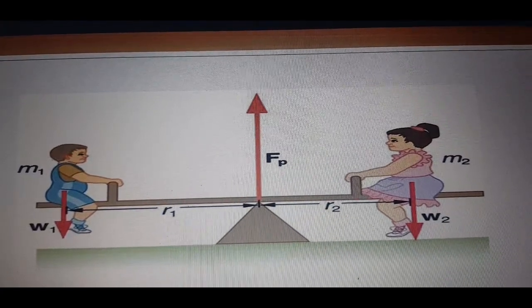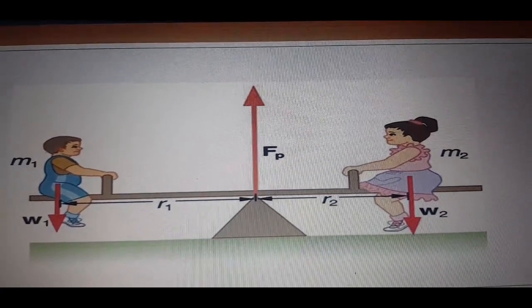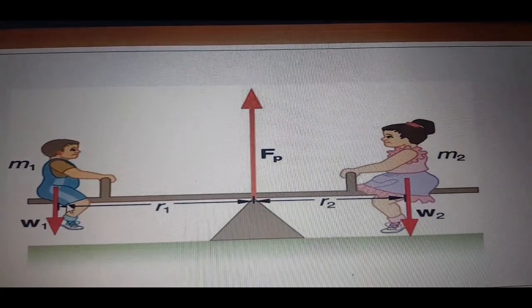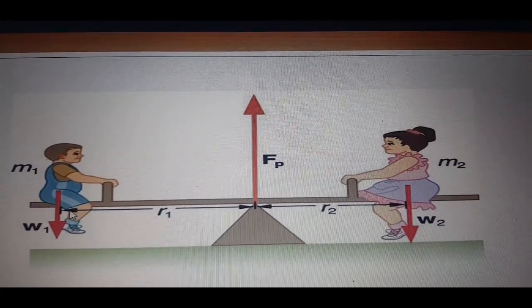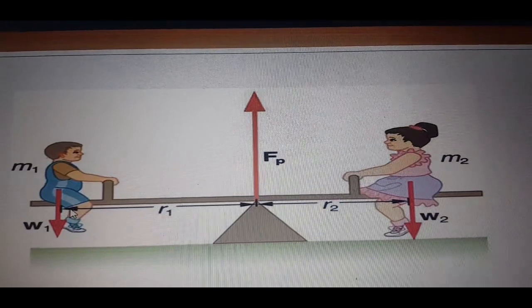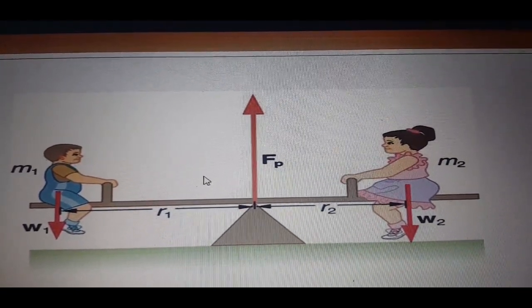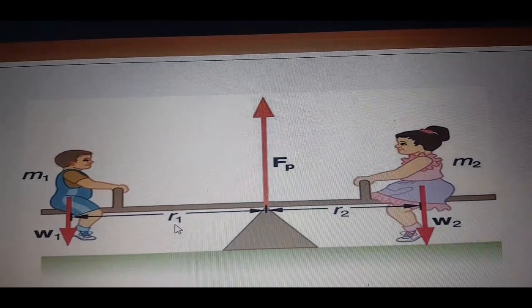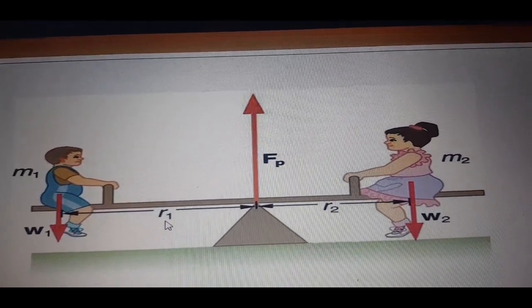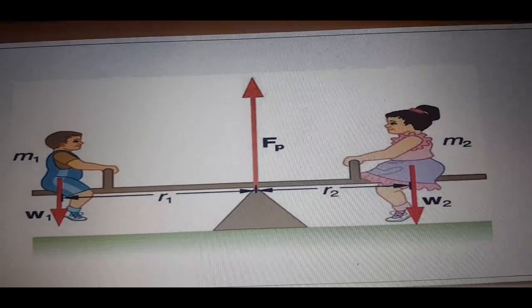You see, this is stable equilibrium. If mass 1 had more weight than mass 2, then this thing would tilt like this. So this is our equilibrium of forces, class.